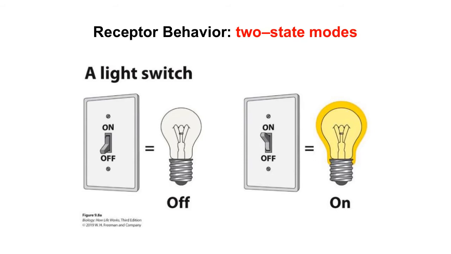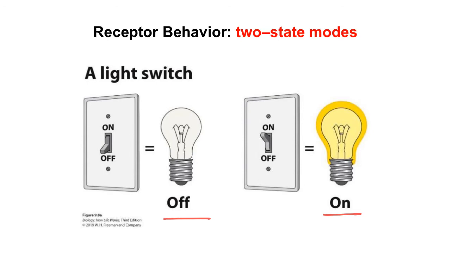So, in other words, many receptors act as what we call binary molecular switches, or a two-state switch existing in two alternative states: either off if it is not bound by the signaling molecule, or on if it is bound by the signaling molecule.